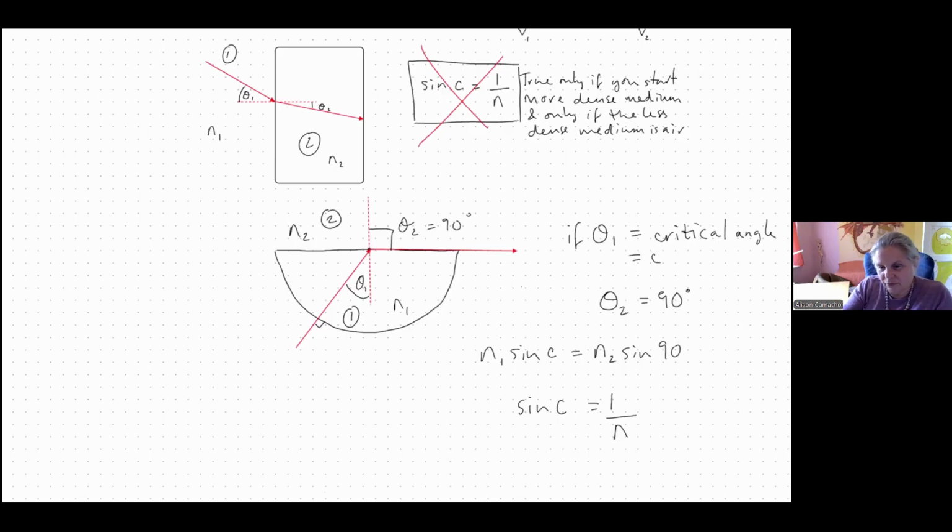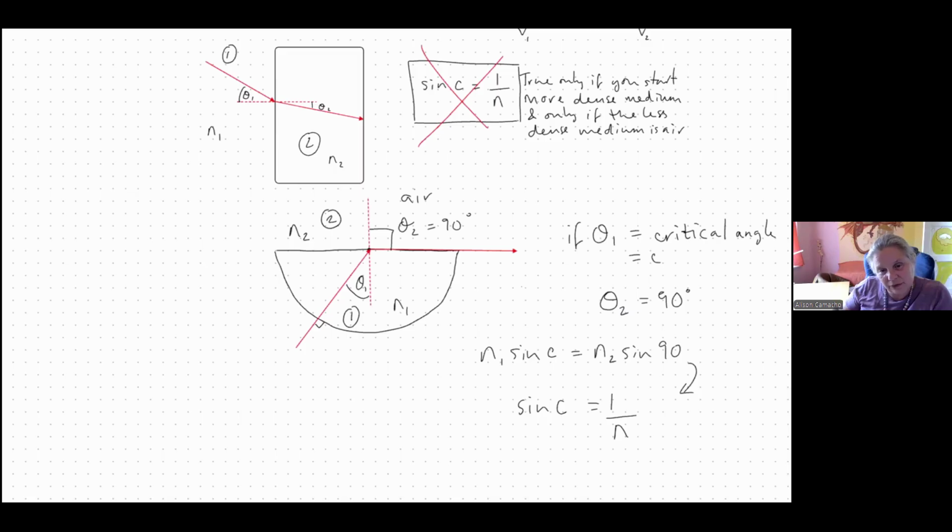So can you see this reduces to that, but only if this is air and you start in the more dense medium. You have to be in the more dense medium or you won't get total internal reflection. But this one doesn't work if the second material isn't air.